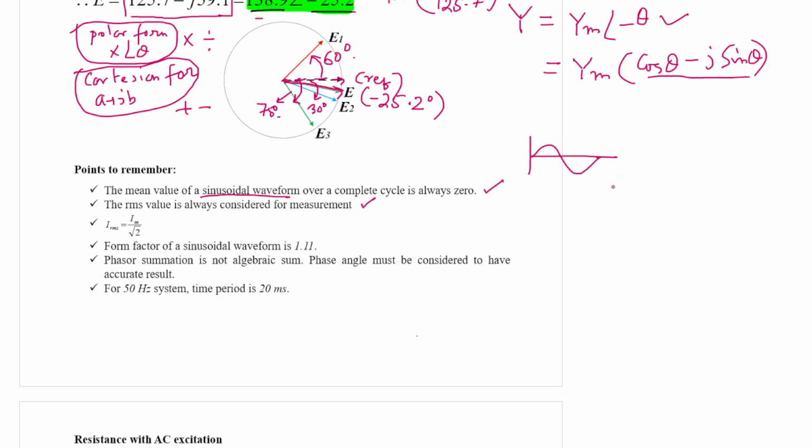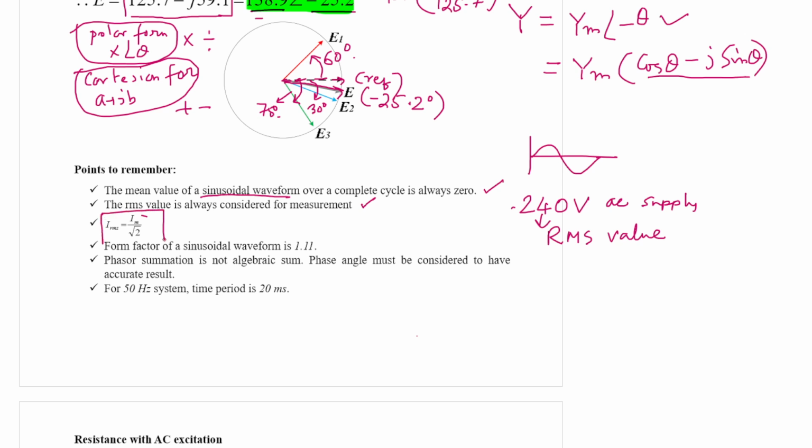Normally we say that our household supply is 240 volt AC supply. 240 volt actually refers to the RMS value. What is the very important relation between RMS and peak value?